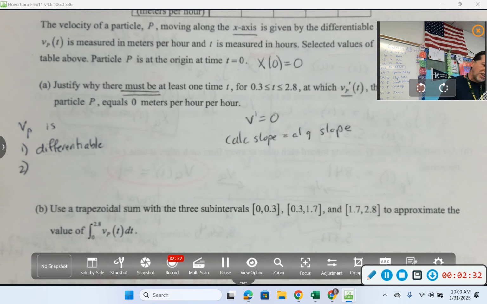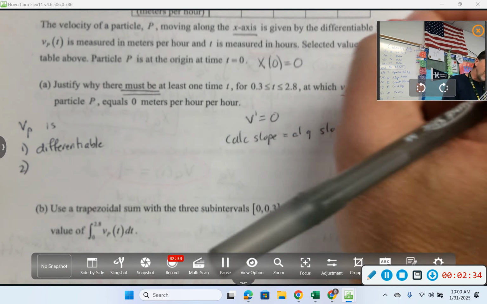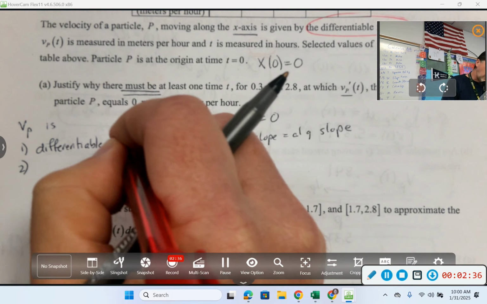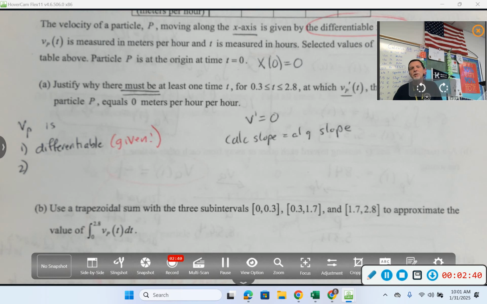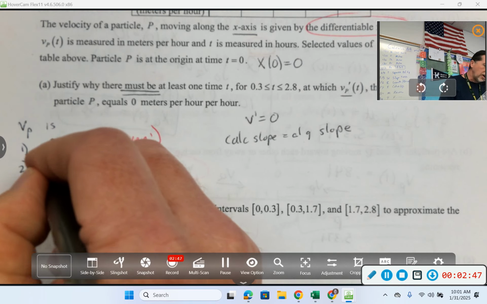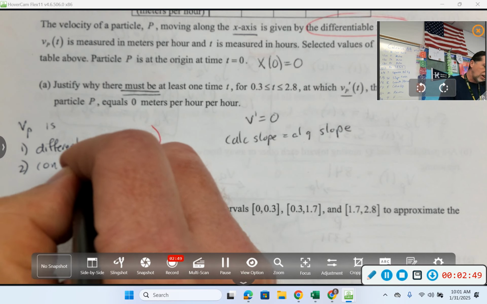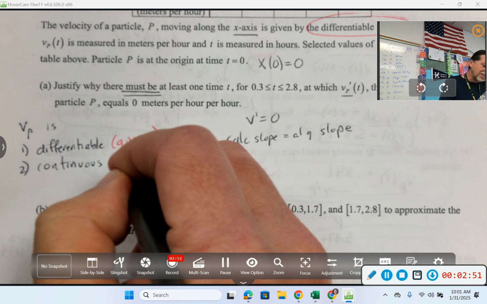It says it. It says it's a differentiable function. We still have to say it's differentiable because you told me it was. What else has to be true? Continuous. How do I know it's continuous? Because it's differentiable.